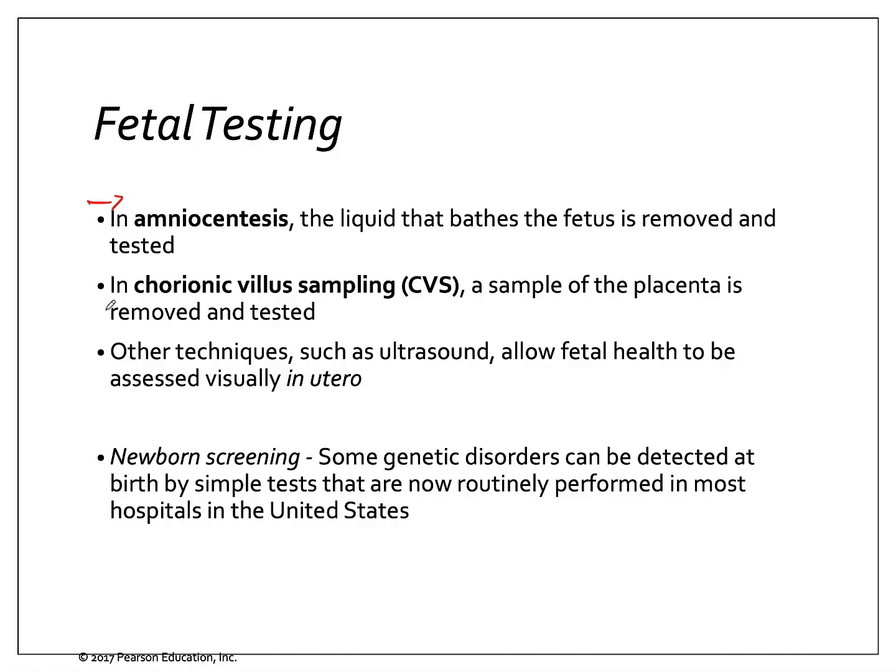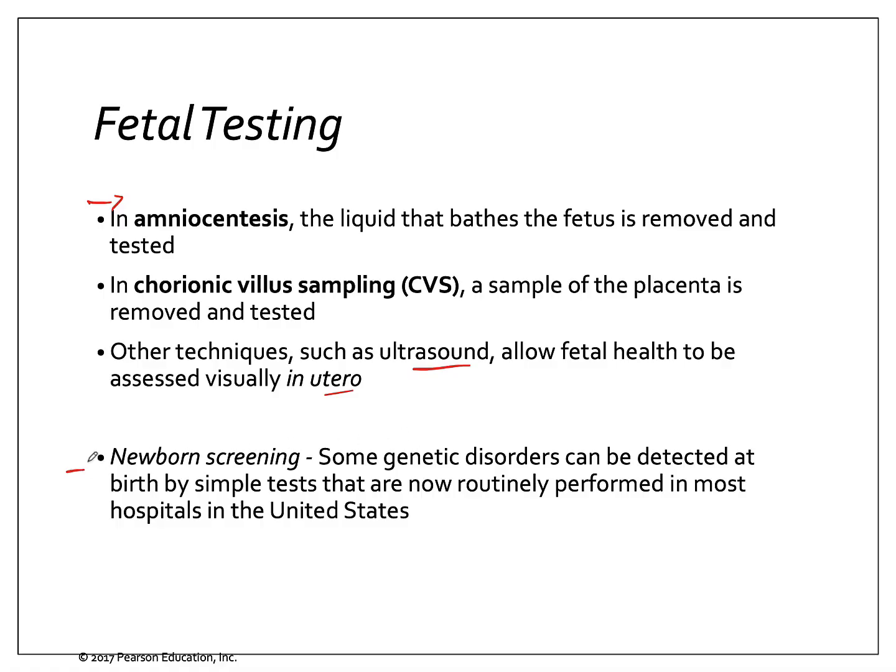Chorionic villi sampling is taking a small piece of the placenta, which again has some fetal cells, and they can do the same kind of genetic testing. Both of those, while very informative, do carry a slight risk of miscarriage, or damage to the baby and the pregnancy. Most other techniques, like ultrasound and maternal blood draw, are usually just done visually in utero.